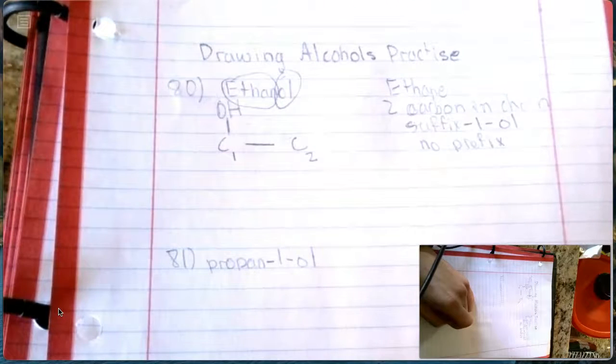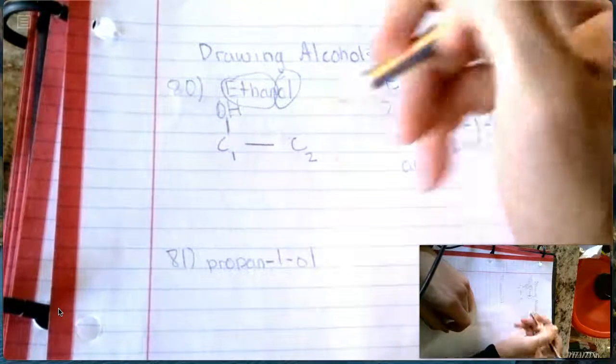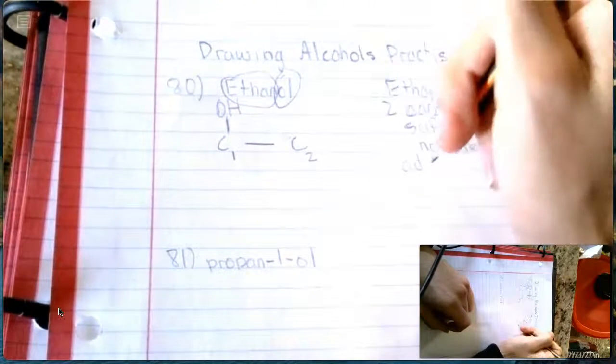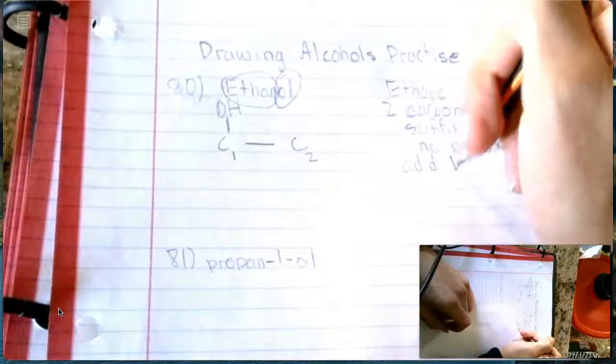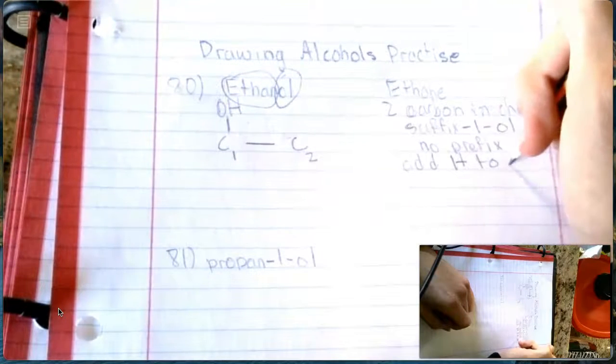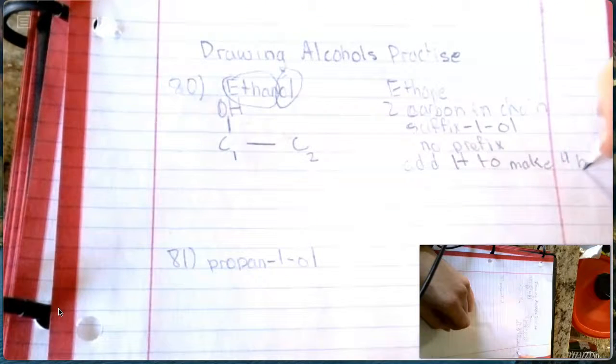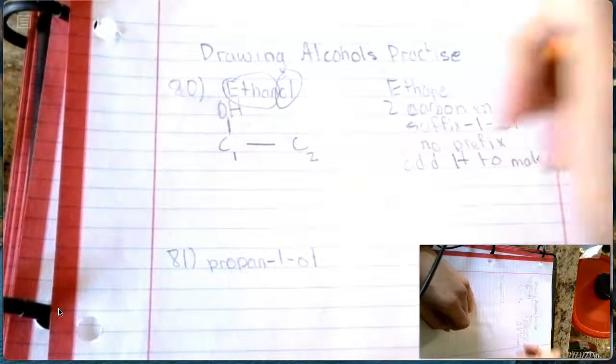So our final step in drawing alcohols is we want to add enough hydrogens to each carbon atom in the chain so that there's 4 bonds. So add hydrogens to make 4 bonds for each carbon.